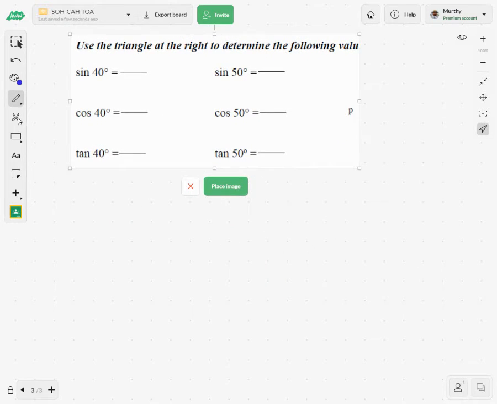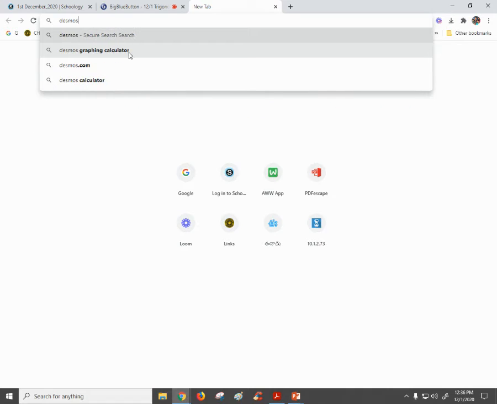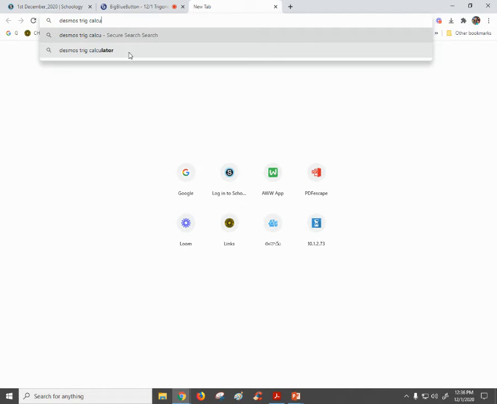Let's say that you are asked to find all these values and no diagram is given. Then what to do? Use the Desmos trig calculator.